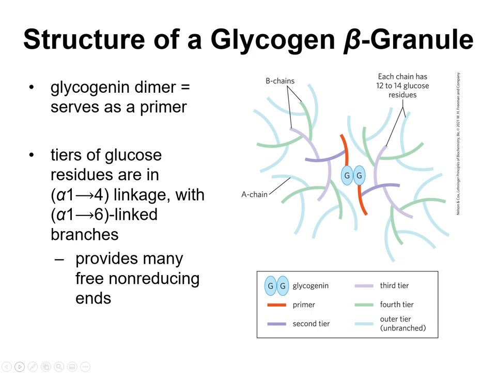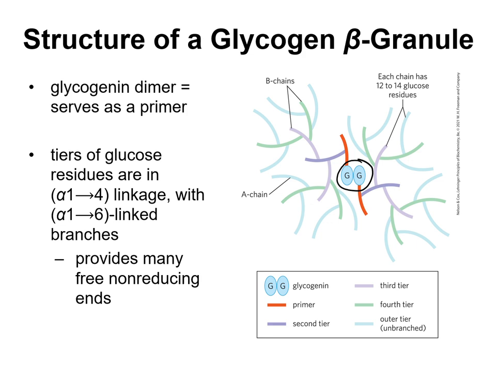So what's the structure of glycogen? Let's look at a beta granule. At the center, you have glycogenin as a dimer, and we're going to talk about this protein later on. But for right now, we're just going to talk about it very casually. This dimer serves as a primer for the growing glycogen chain.